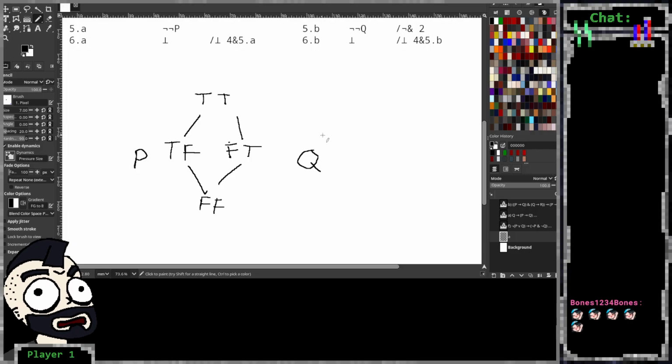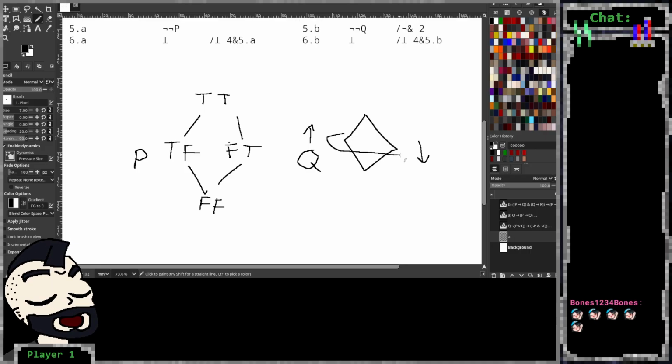And we can visualize this as some sort of diamond pattern in which there is a top and a bottom. The top is everything is true, and the bottom is everything is false. And the things in the middle are some of them being true and some of them being false.